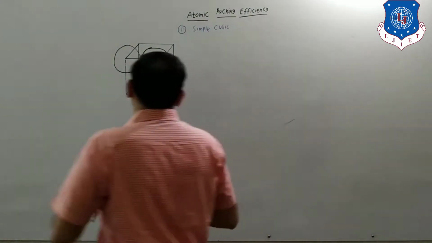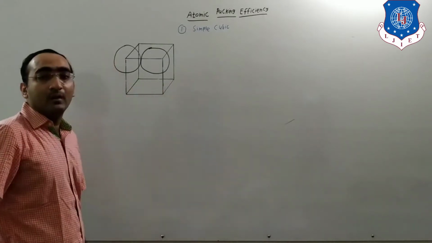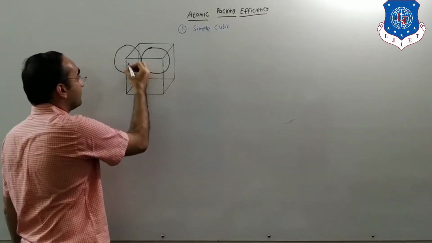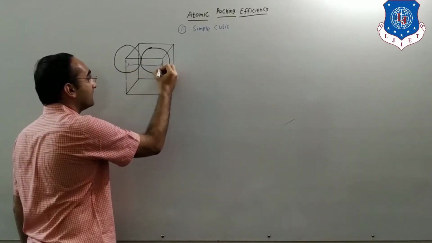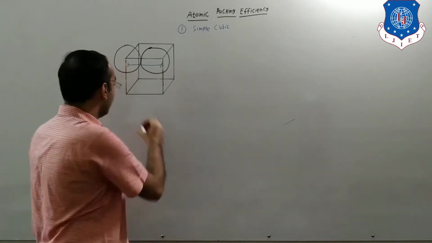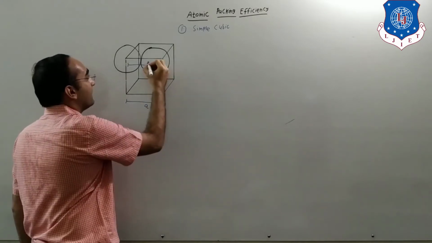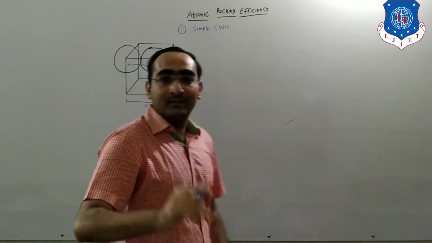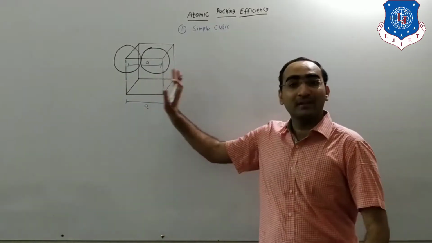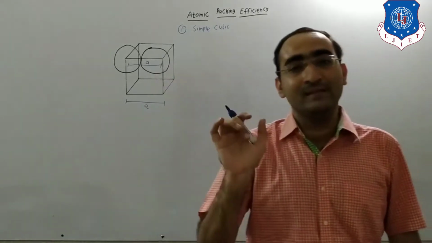Now, let us take some notations from the figure. The side of the cube is denoted as A. As I told you, this is a cube, so every side of the cube is the same.